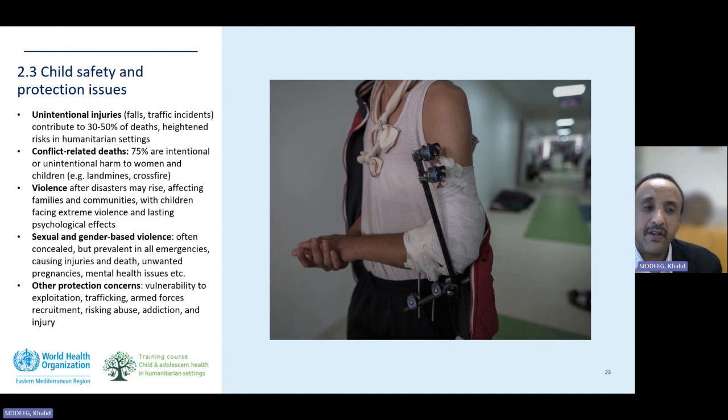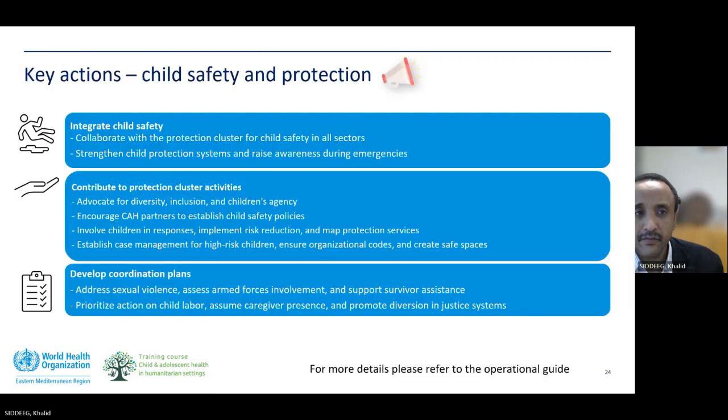And we know that violence usually increases during conflicts, during crisis, because disasters put people at risk of high prevalence of violence. And sexual and gender-based violence is not an exception. Whenever we have a conflict, instability, emergencies, sexual and gender-based violence increases, in addition to so many other concerns like trafficking, recruitment to armed forces, and so on.